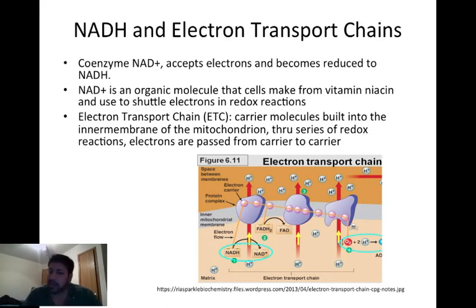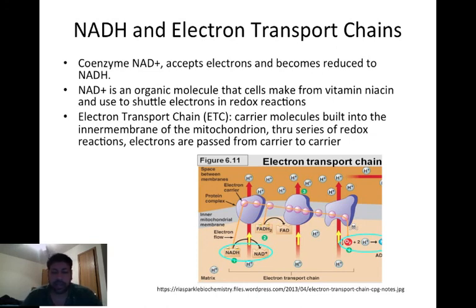So again, NAD as well as FADH2 play a role here. The coenzyme is NAD plus, and it accepts electrons and becomes reduced to NADH. NAD plus is an organic molecule that cells make from the vitamin niacin and is used to help shuttle electrons in this redox reaction.